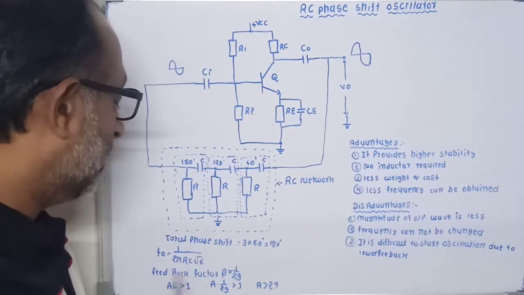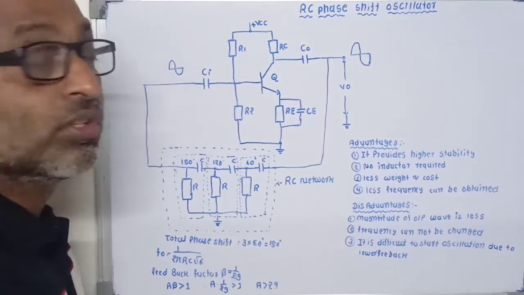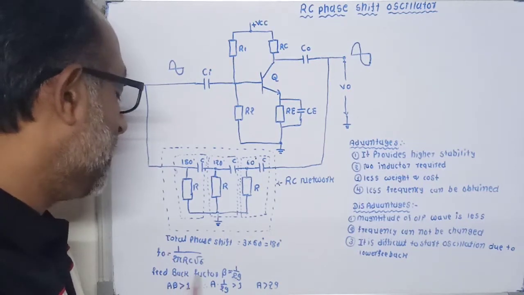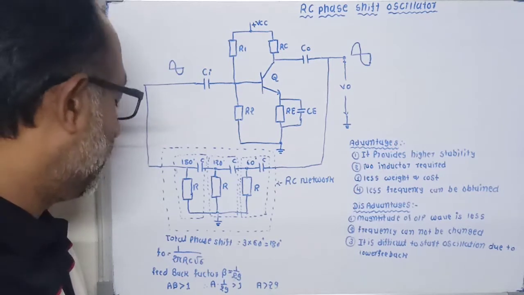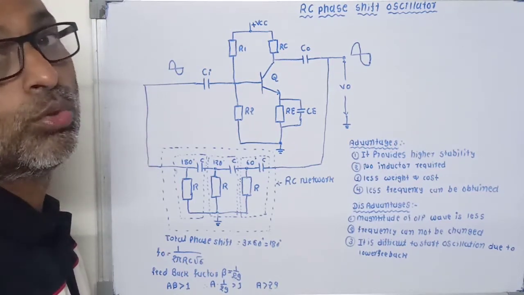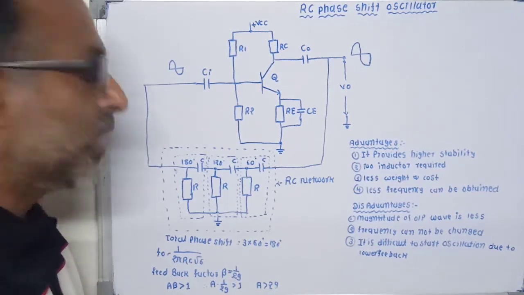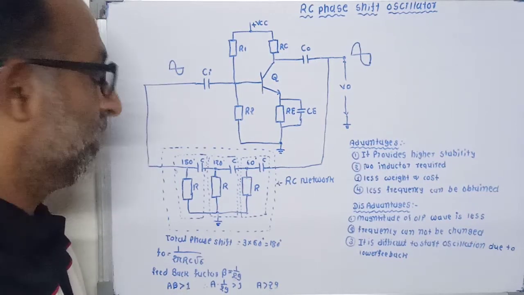Now at the oscillator frequency, the feedback factor beta is equal to 1 upon 29. To start the oscillations, the loop gain A beta should be greater than 1.